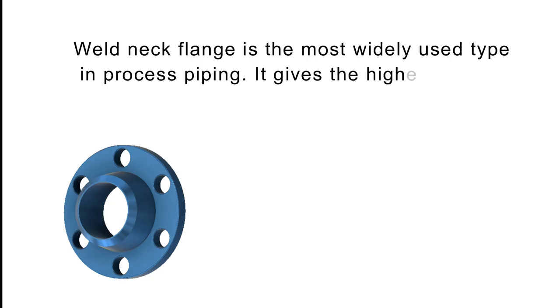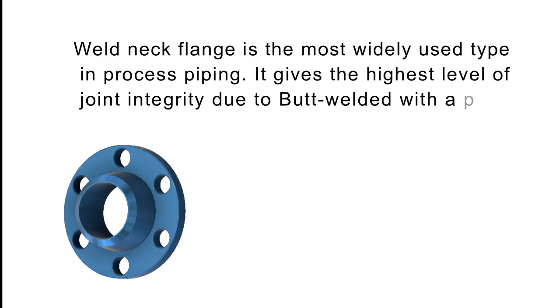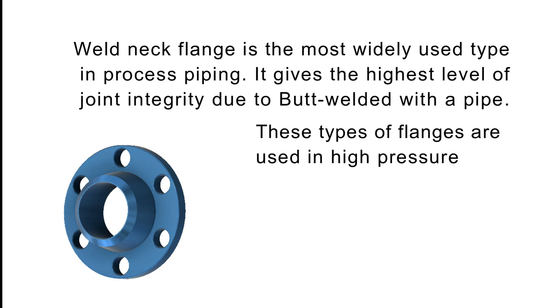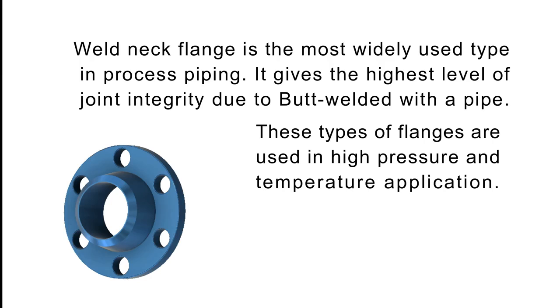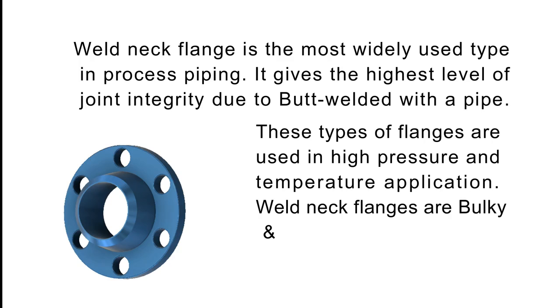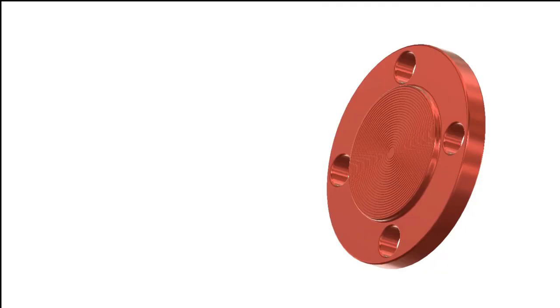It gives the highest level of joint integrity due to being butt welded with a pipe. These types of flanges are used in high pressure and temperature application. Weld neck flanges are bulky and costly with respect to other types of flanges.